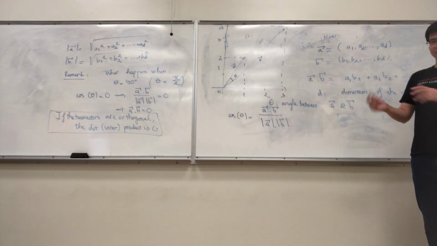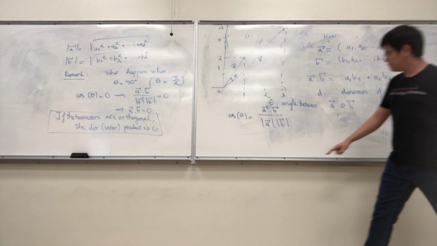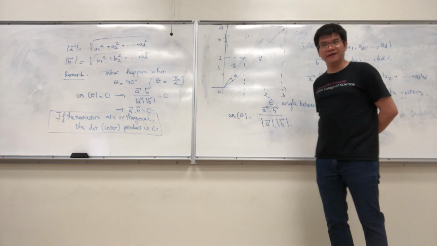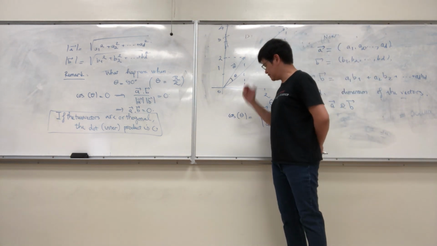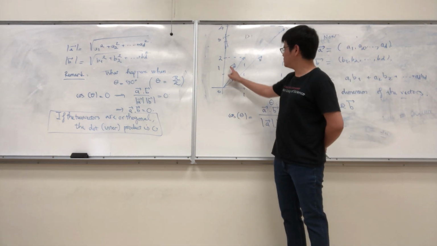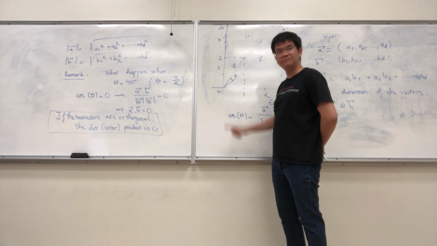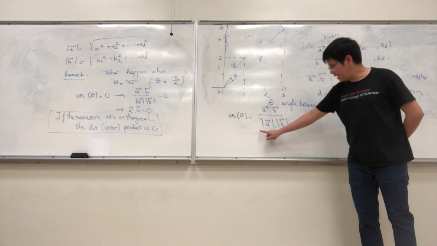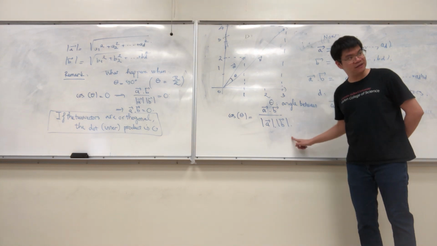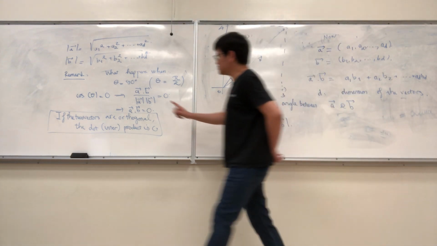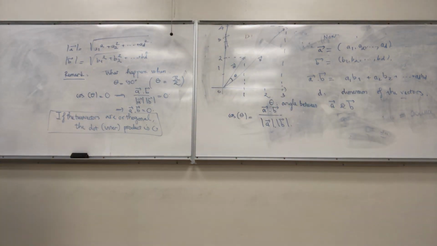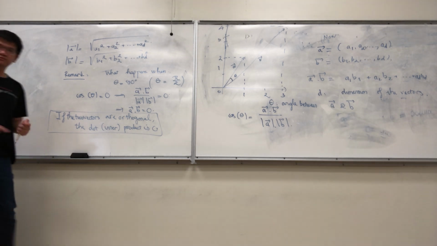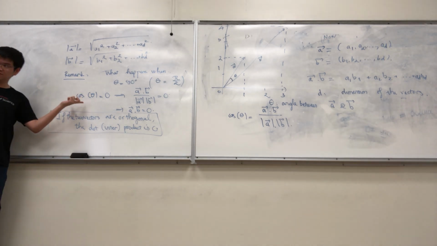So again, I explain. From this explanation, the cosine of the angle between the two vectors A and B can be computed as the inner product of A and B divided by the product of the lengths of A and B. Now, suppose that this angle is 90 degrees or pi over 2. The cosine will be 0.